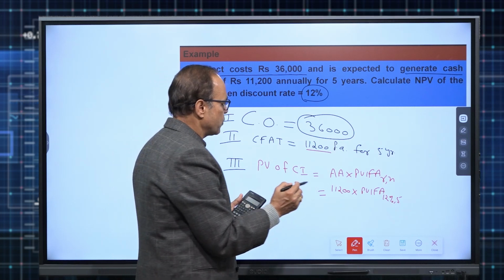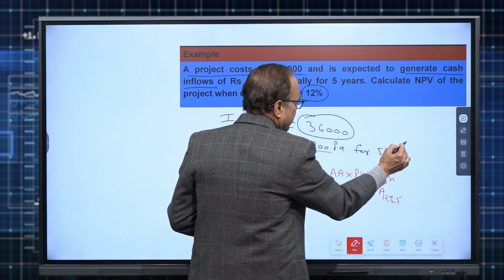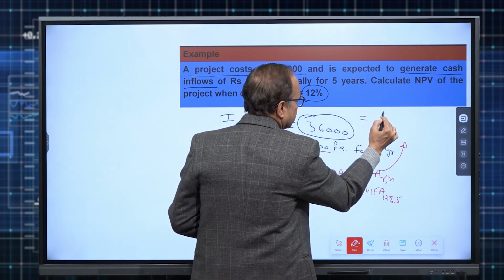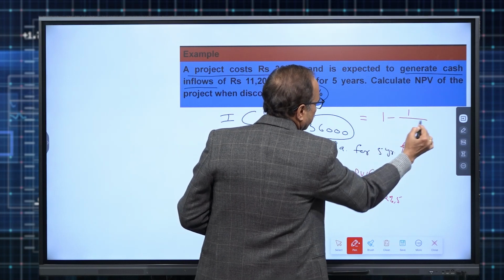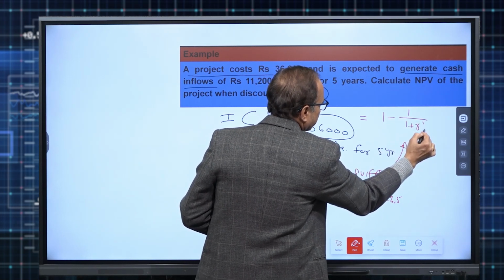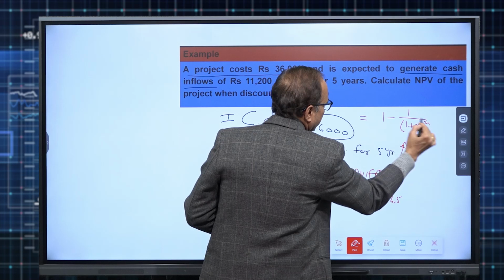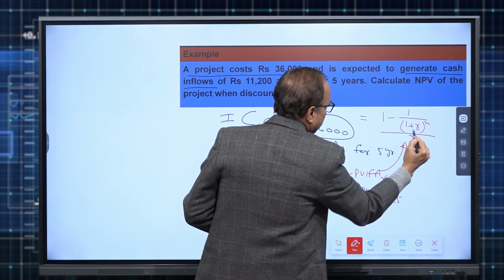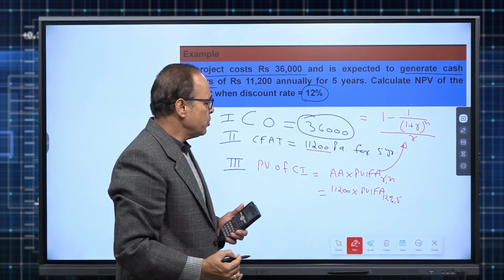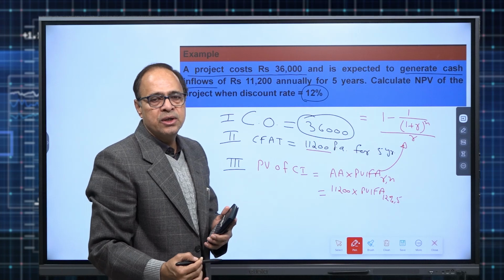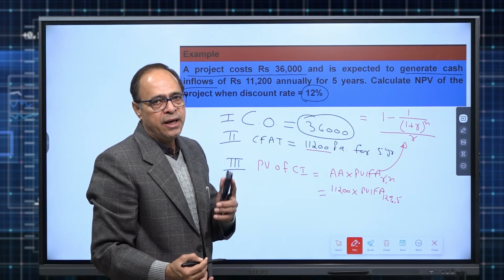So let us apply the formula. What is the formula to calculate it? You can see that it is 1 minus 1 upon 1 plus r raised to the power of n, and whole thing divided by r. So that is the formula to calculate present value interest factor for an annuity.